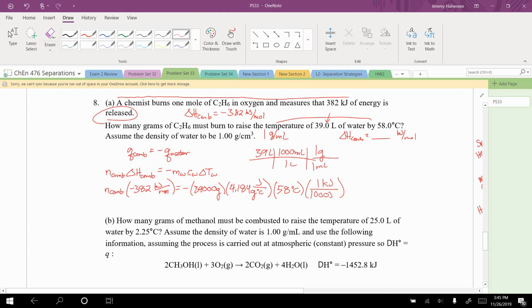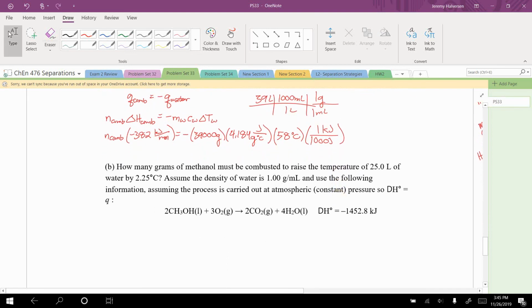Now let's plug in numbers. I got n combustion equals 24.78 moles, but I want grams.